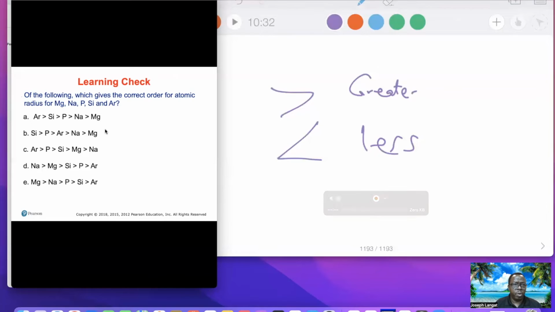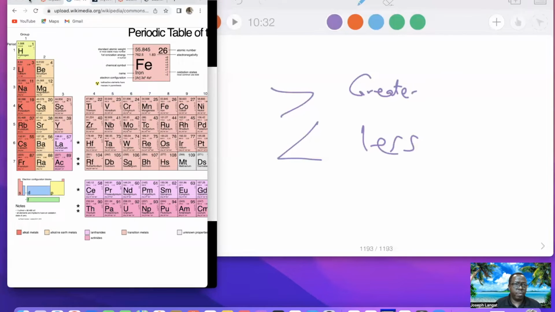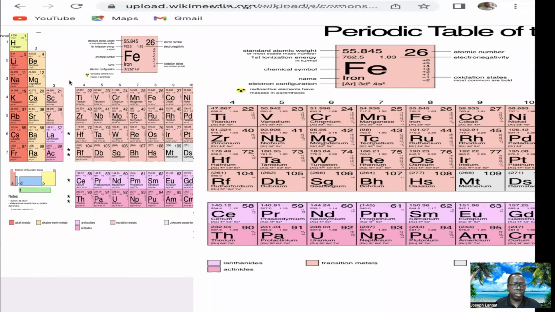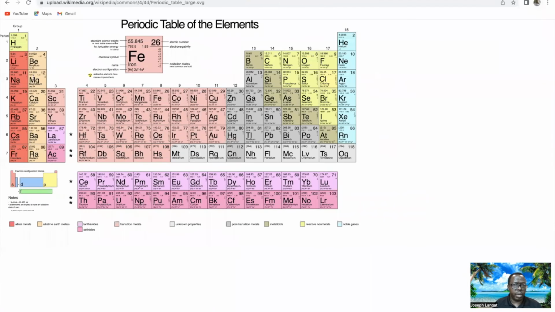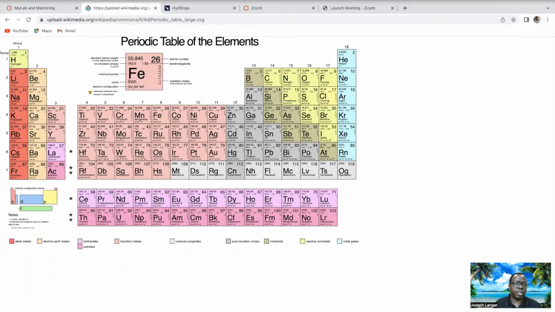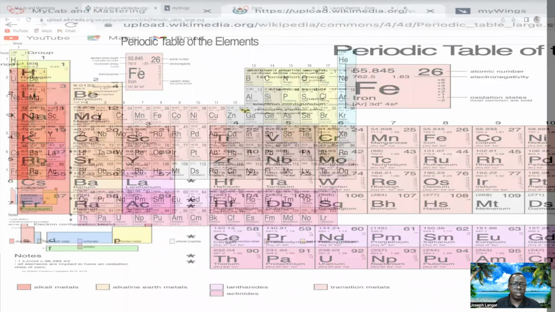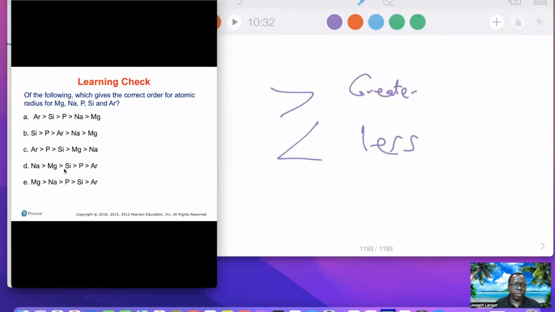How you come to the conclusion is, if I look at this, sodium, magnesium, this one is larger than magnesium. Then if you look at silicon, phosphorus, and argon, this should be the least. What that means, our final answer is D as in David.